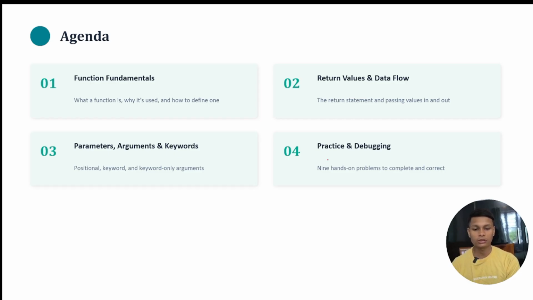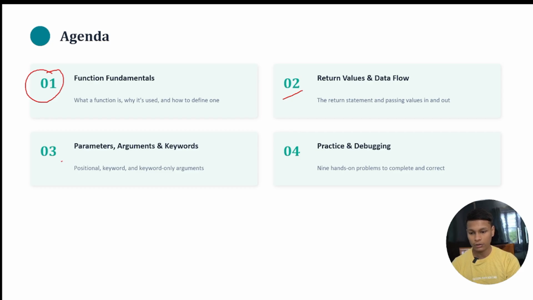So what is our agenda today? We are going to learn function fundamentals: why we use functions, what is a definition, how to define a function, everything of this type, which we are going to cover first. After that we go with return values and data flow, and what happens if I write print in a function versus if I write return. So the difference between print and return inside a function.